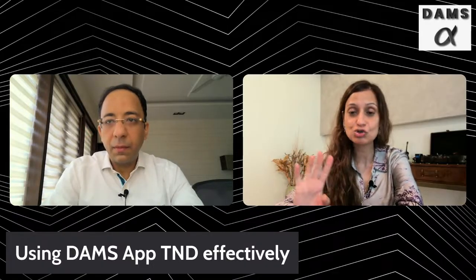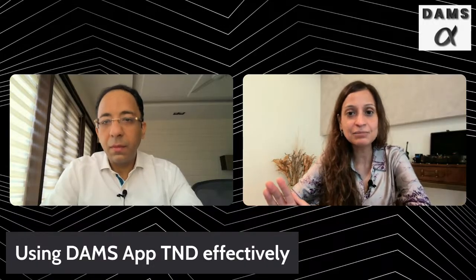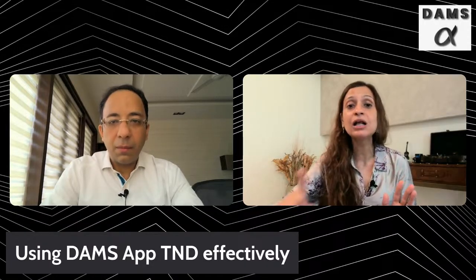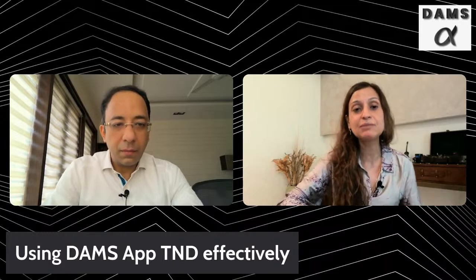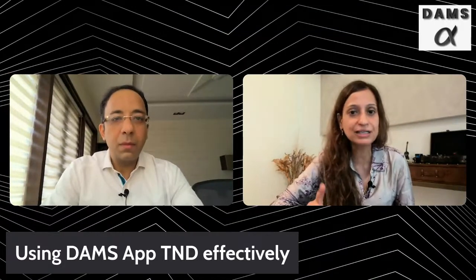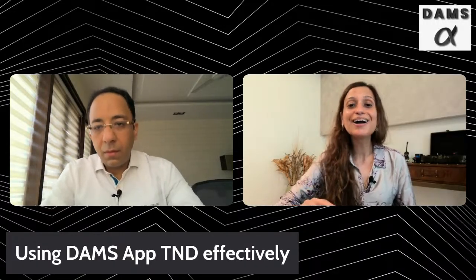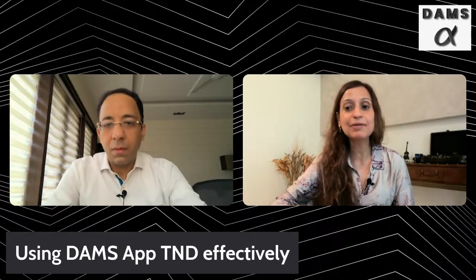Is that clear? So if it is clear to you, then we can think about it. Is that understandable? Because the entire cycle of TND, whether it is NEET PG or NEET, runs over a span of almost approximately 6 months. A new cycle starts after 6 months. We had not given a 3-month plan because the cycle itself is 6 months.